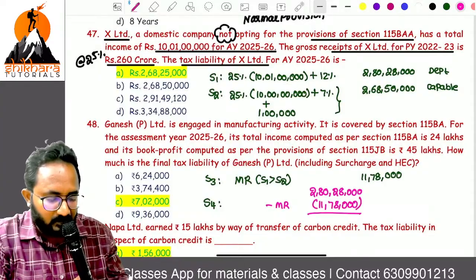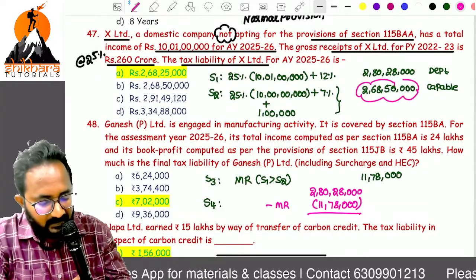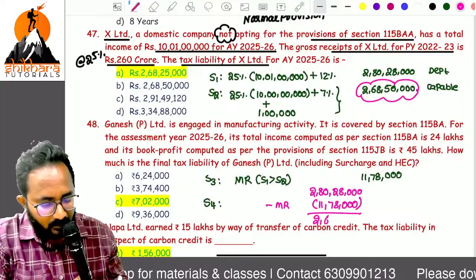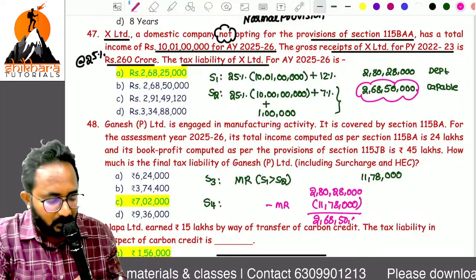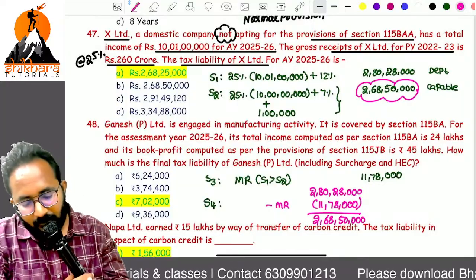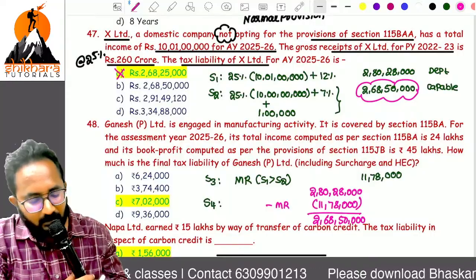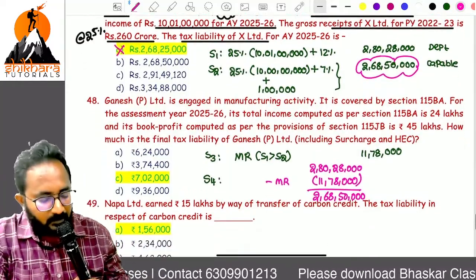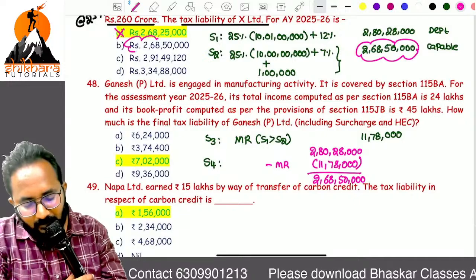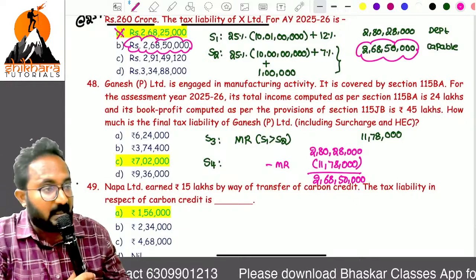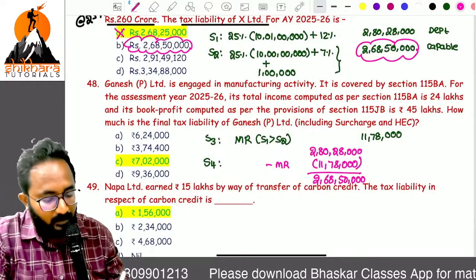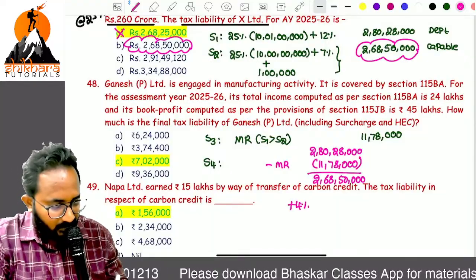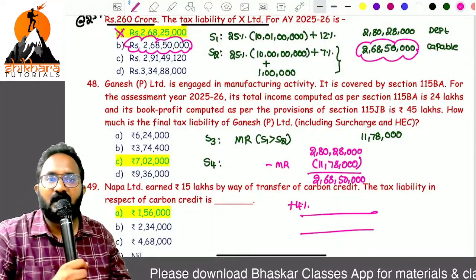What is the answer you will get here? 2 crore 68,50,000. Remember, normally I marked it as a wrong thing, but 2 crore 68 lakh 50,000 is also wrong. Why? We have to add health and education cess, then only you can get the final answer.